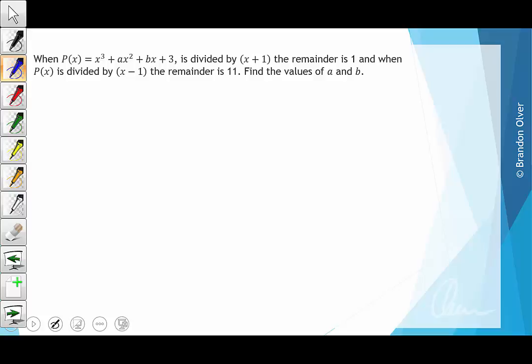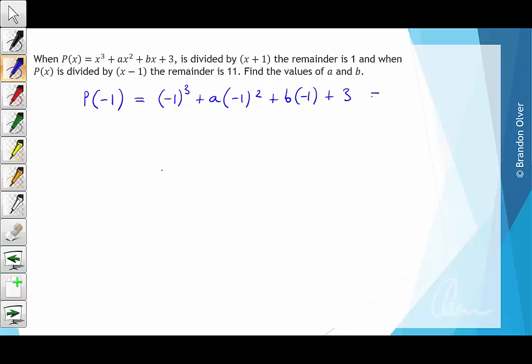So what we're going to do is use the factor remainder theorem, which says that if a polynomial is divided by x plus 1, evaluating it at p of negative 1 will find the remainder. So when we substitute in negative 1, we have negative 1 cubed plus a times negative 1 squared plus b times negative 1 plus 3, and that's going to be equal to 1.